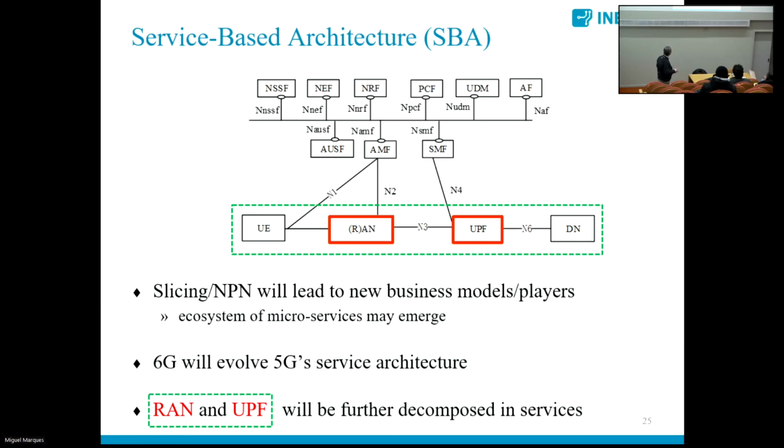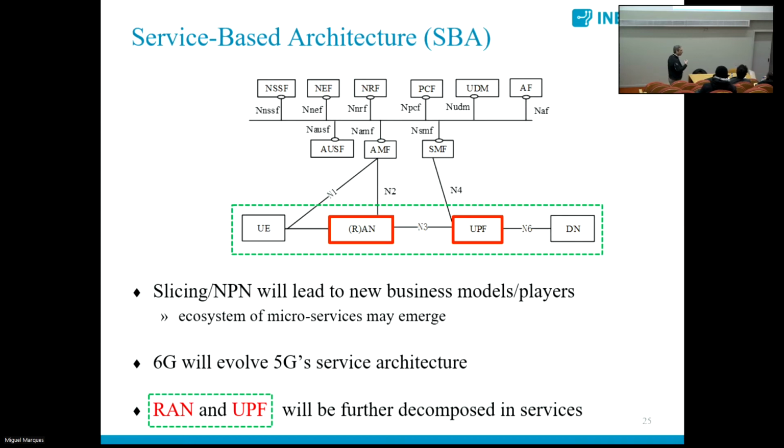So very probably we'll continue having this service-based architecture, and this is very good because it enables us to look at different ways of building private networks.